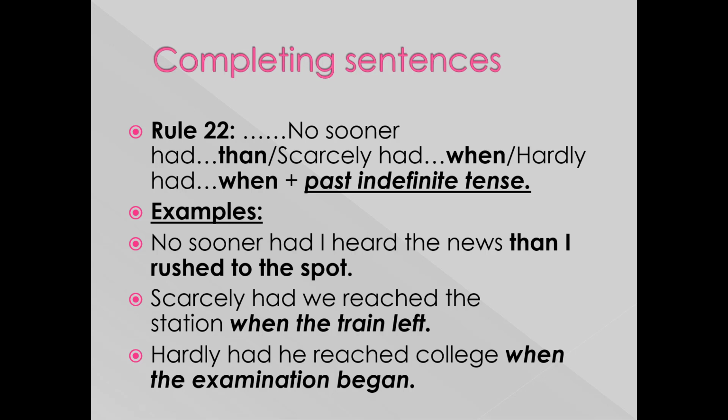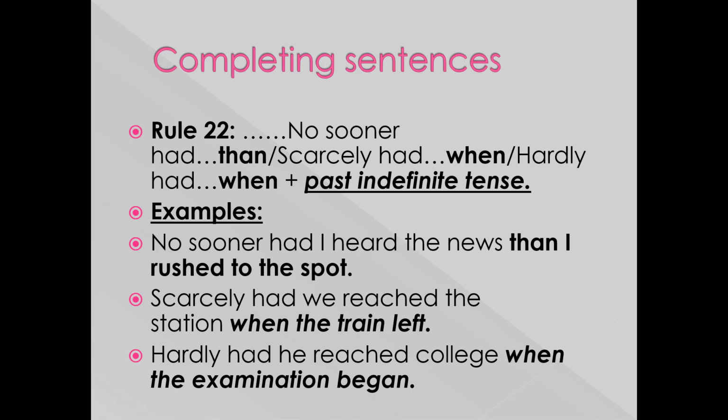And after that, after than or when, in the second part, use past indefinite tense. So this is a very frequently used structure, you have to remember. And we also see students committing mistakes because they don't write than, they write then, or sometimes they write nothing.